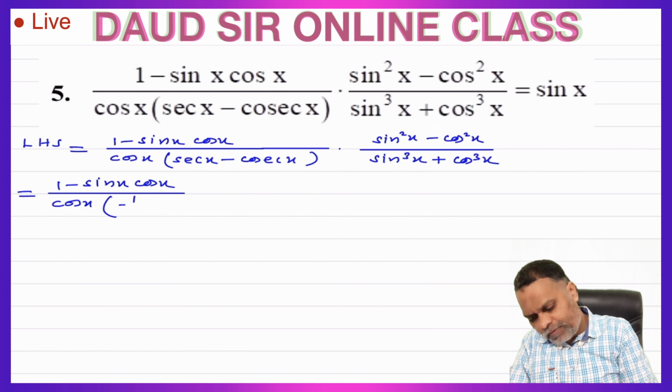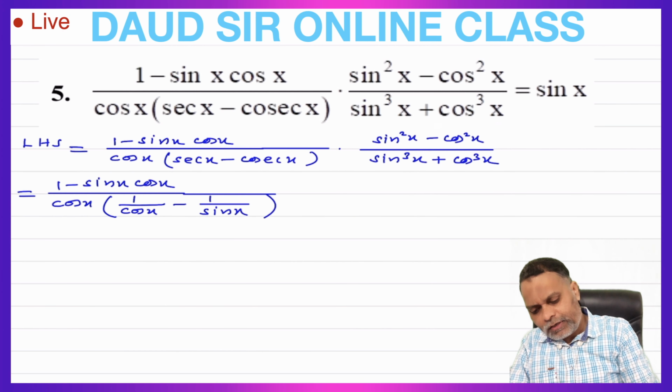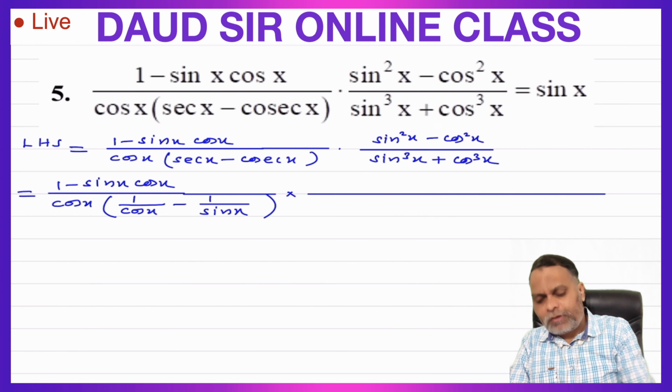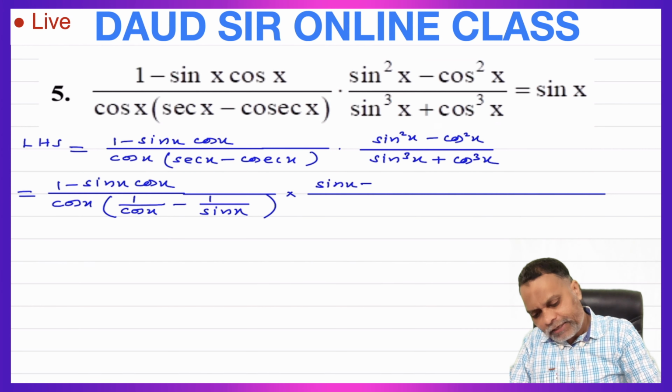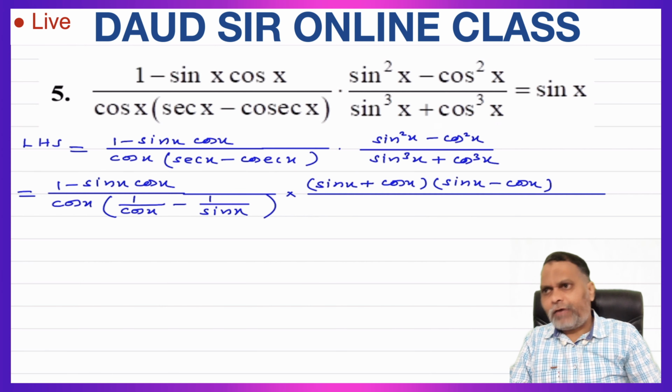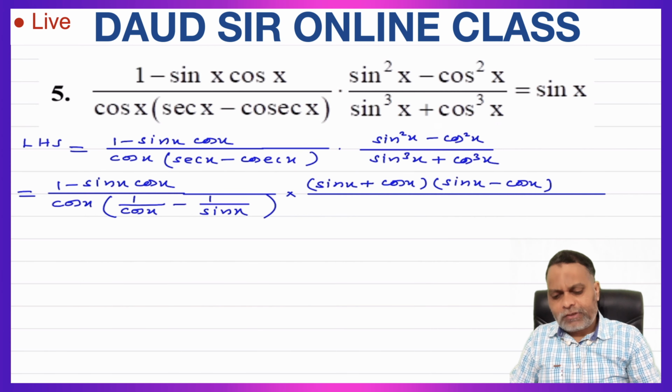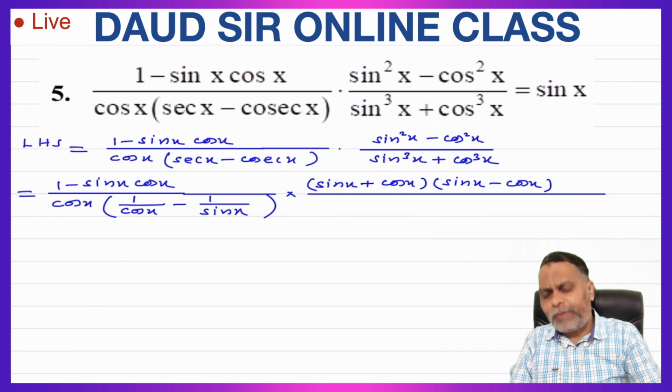Sec x can be written 1 upon cos x, minus cosec x we can write 1 upon sin x, into sin square x minus cos square x we can write sin x plus cos x in one bracket into sin x minus cos x. Here we used a square minus b square. In the denominator, a cube plus b cube identity.